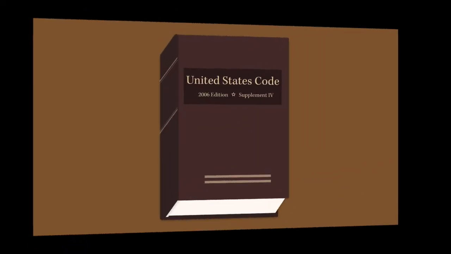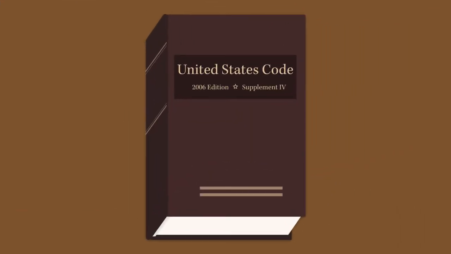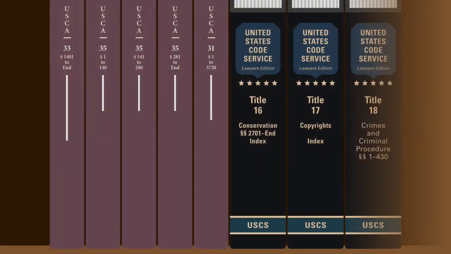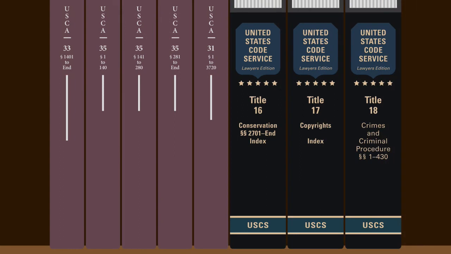The official source of the federal code is the United States Code. The United States Code Annotated, or USCA for short, and the United States Code Service, or USCS, are both unofficial sources of the code. These versions contain the same text when it comes to the law, but include editorial enhancements or annotations.